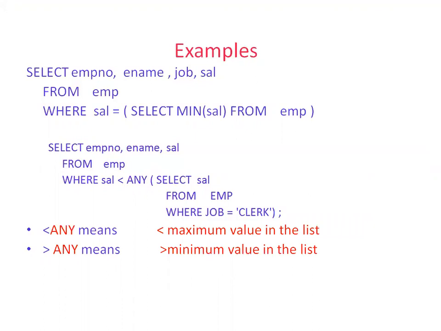In the child query, we are trying to fetch the salary of the employees whose job is clerk. And in the above query, we are trying to fetch all the employees where the salary is less than any salary of the clerk, less than any salary, right? So here, less than any means less than the maximum value in the list.